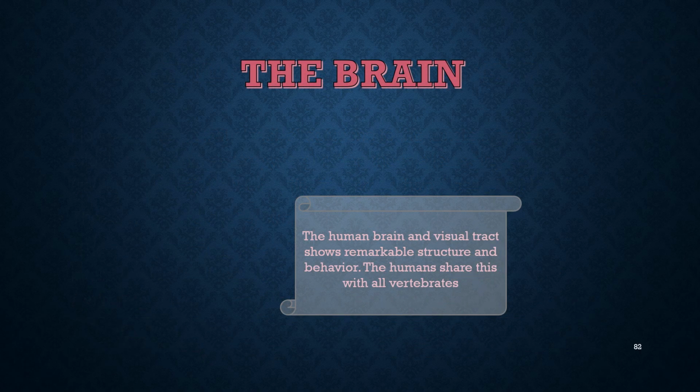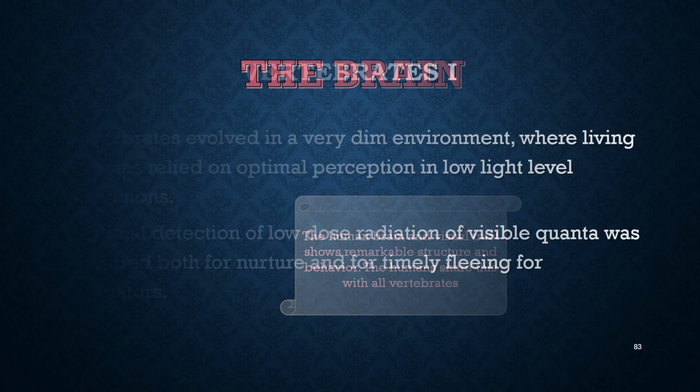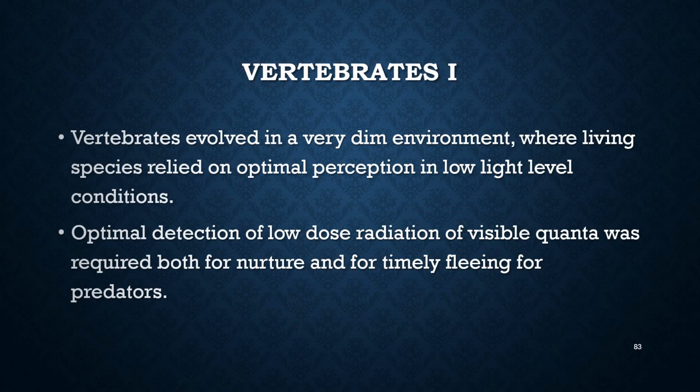The human brain and visual tract show remarkable structure and behavior. Humans share this with all vertebrates. Vertebrates evolved in a very dim environment, where living species relied on optimal perception in low light level conditions.